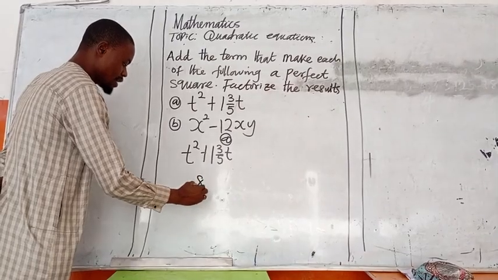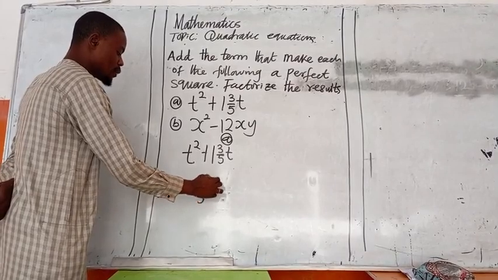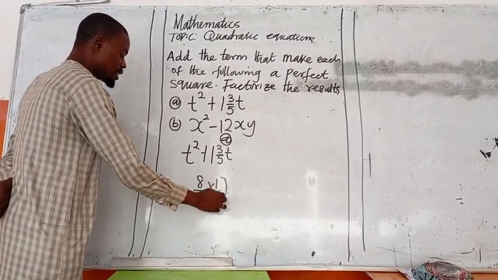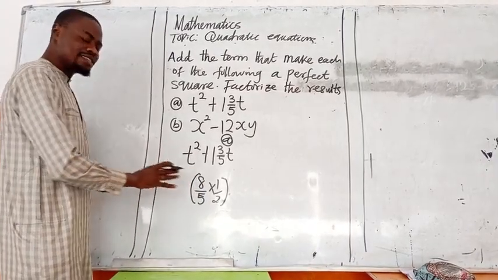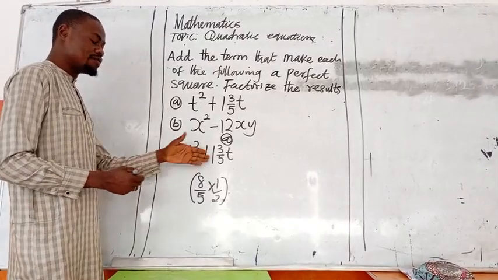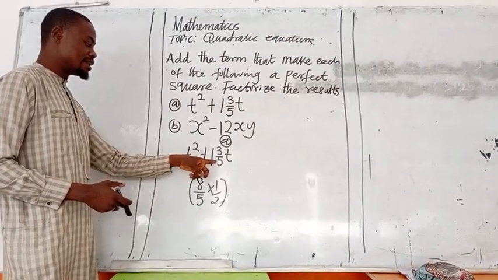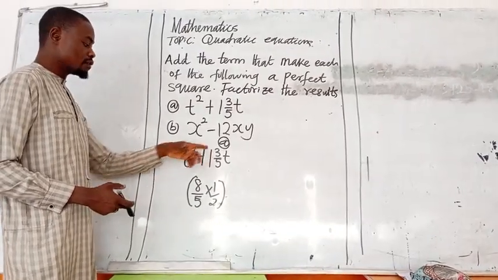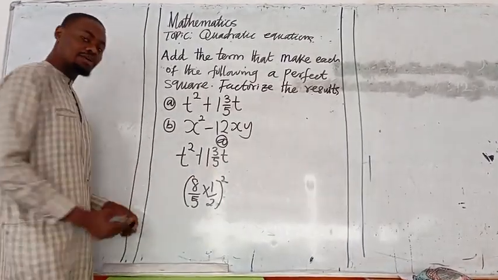Then I multiply this value by 1 over 2, then I square the result. It's very easy to get what can be added to this quadratic expression to make it a perfect square. Whatever you have, you square it.